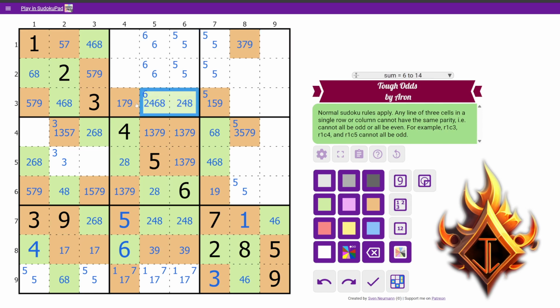One, 2, 3. So these are one of each. I don't know if I want to start marking them like this. It may just get too confusing. Is this a 3? Or is this odd?